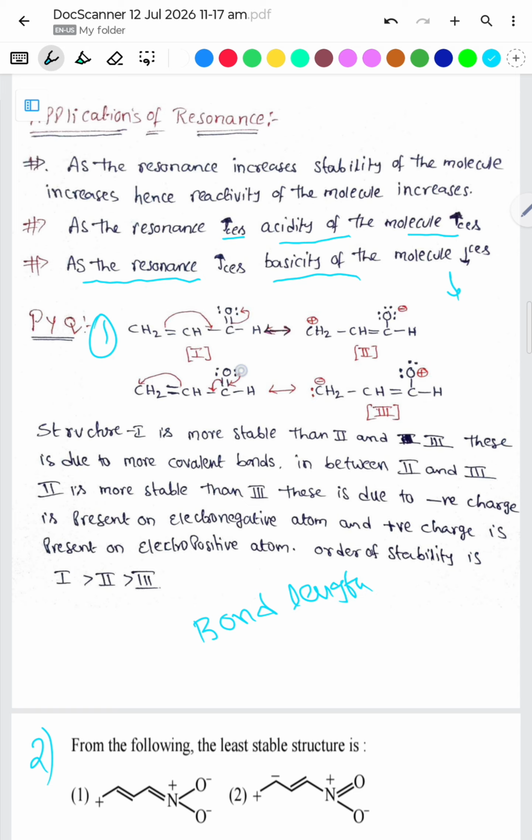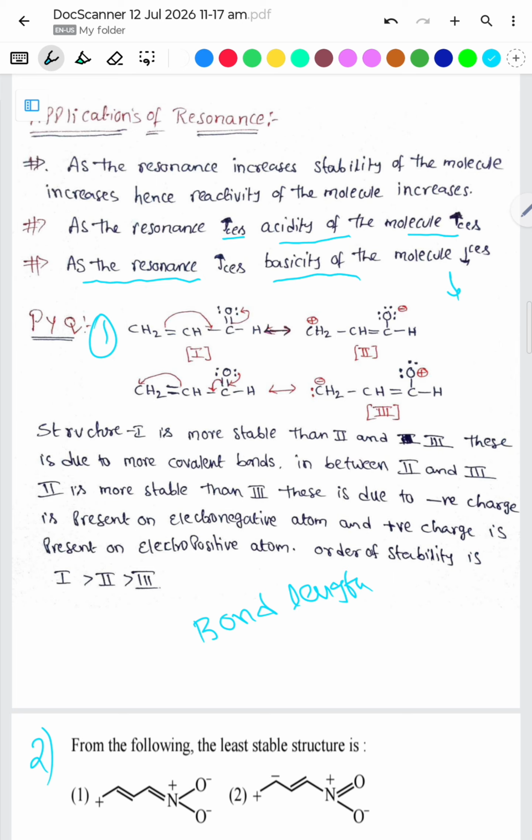Observe the PYQs which have been asked in previous JEE questions. First question, acrylaldehyde. The resonance structures possible are 2 and 3 from the original molecule, that is 1. If you compare, structure 1 is more stable than structures 2 and 3, due to more covalent bonds being present in structure 1.